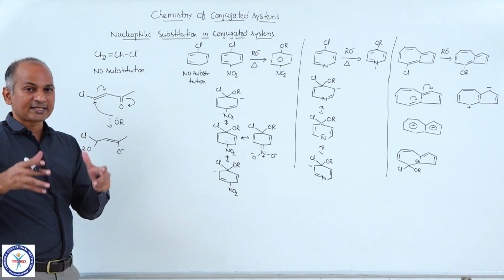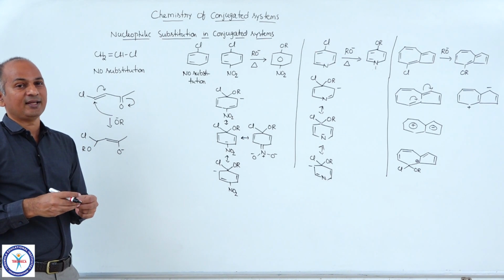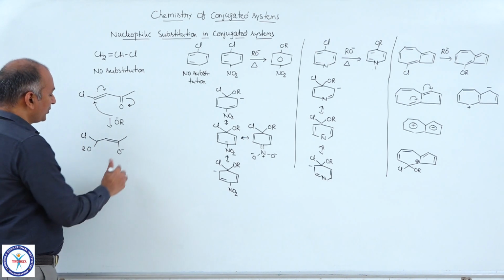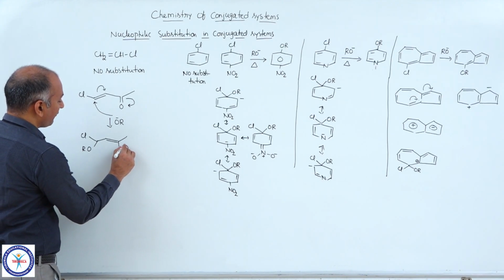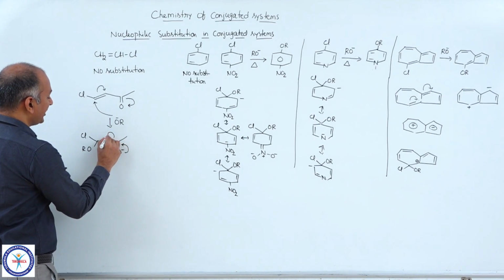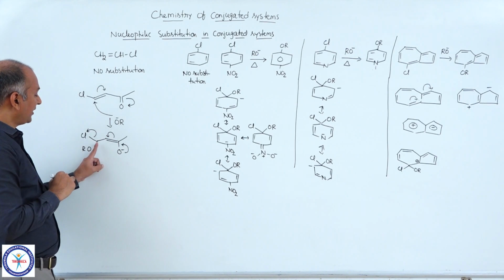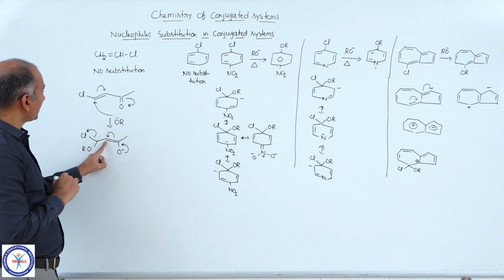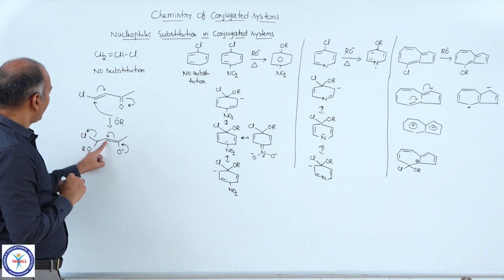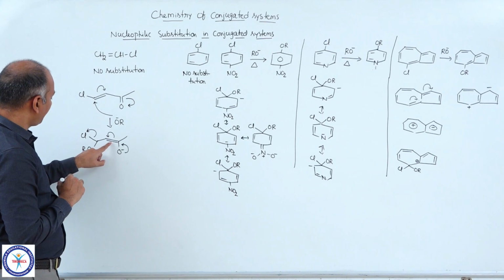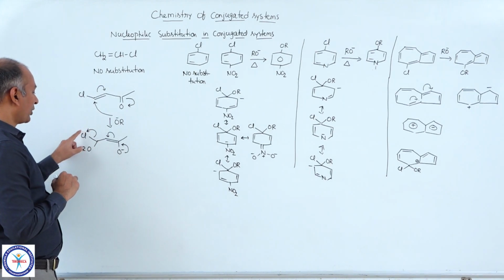It is always stable to have that C double bond O finally undisturbed. So this bond is reformed, this pi bond is broken. Now this chlorine goes out. You see, here comes the negative charge, and here is the pi bond. Yes, and chlorine goes out.